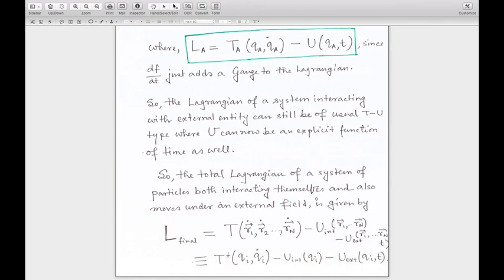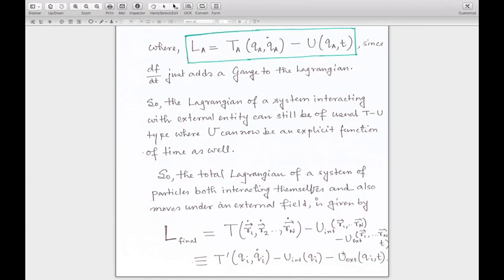This is another function, T prime, minus U internal, the intra-system interaction, which is a function of r1 up to rn, and will be written in terms of generalized variables as minus U internal of the qi's, minus U external.